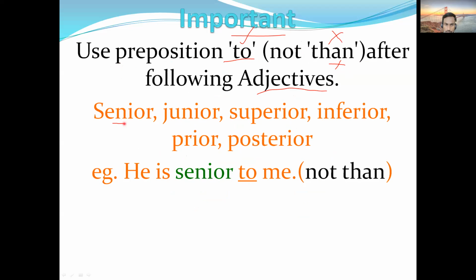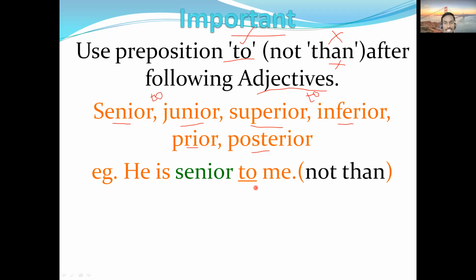Which are these adjectives? Senior, junior, superior, inferior, prior, posterior. You need to understand it should be senior to, not senior than. It should be junior to, not junior than. It should be superior to, not superior than. Like this, prior to, posterior to.